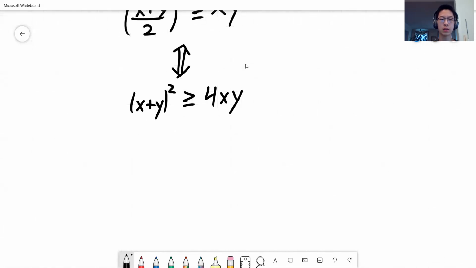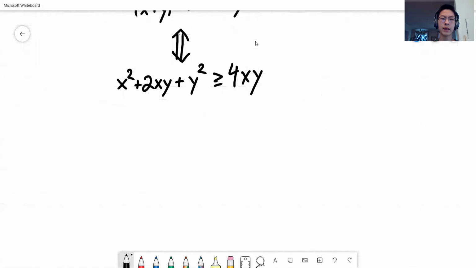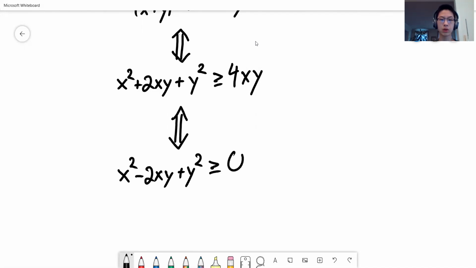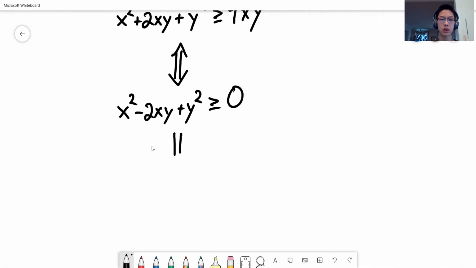We expand the left-hand side and get x squared plus 2xy plus y squared is greater than or equal to 4xy. Then we subtract 4xy and get x squared minus 2xy plus y squared is greater than or equal to 0, which is just the same thing as x minus y squared is greater than or equal to 0, which is always true.